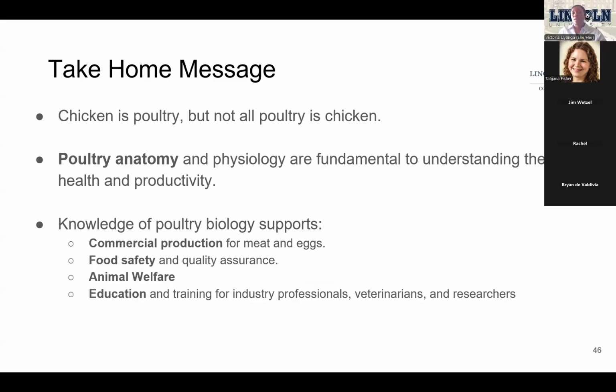More so, having knowledge of what structures are present and how they function is important because it will help you make the production and managerial decisions that you need for your day-to-day operation. This knowledge is going to support your commercial production and the welfare practices that you're employing. It will help you know when there's an abnormality and also decide what course of action to take if something goes wrong.